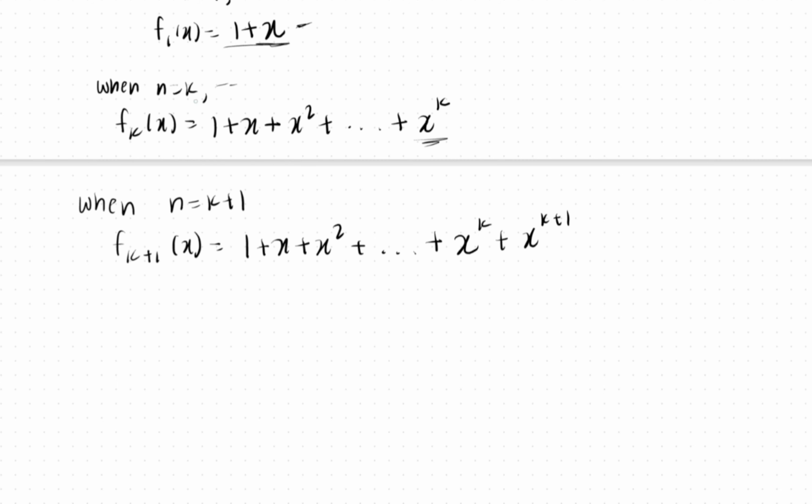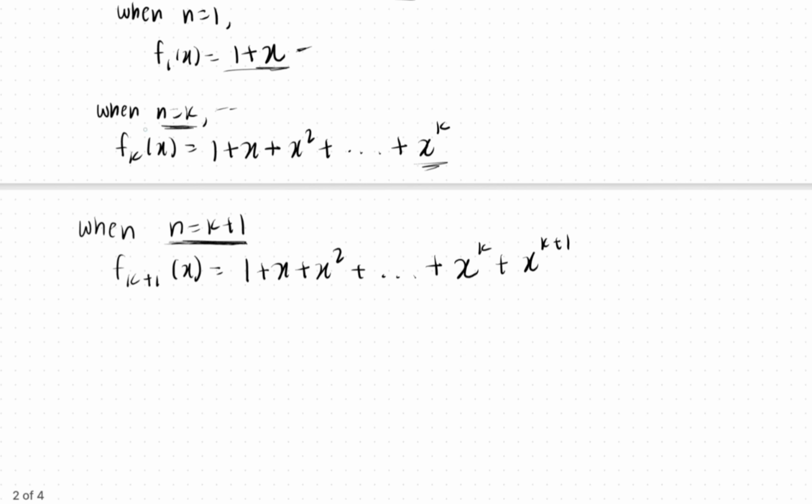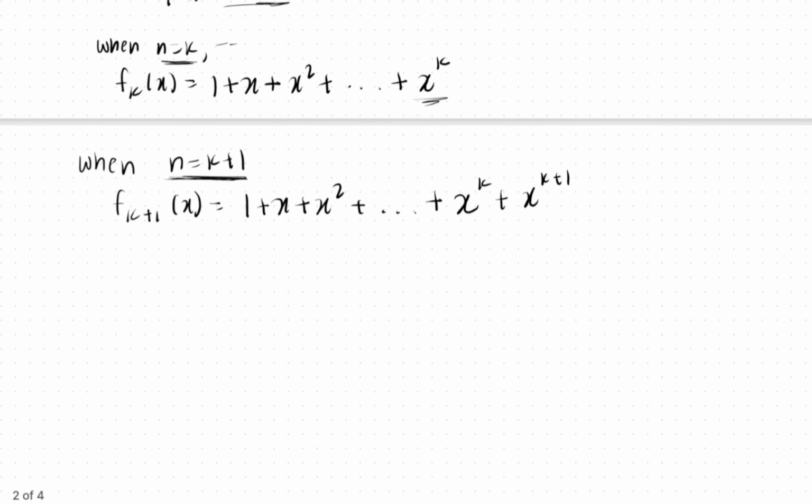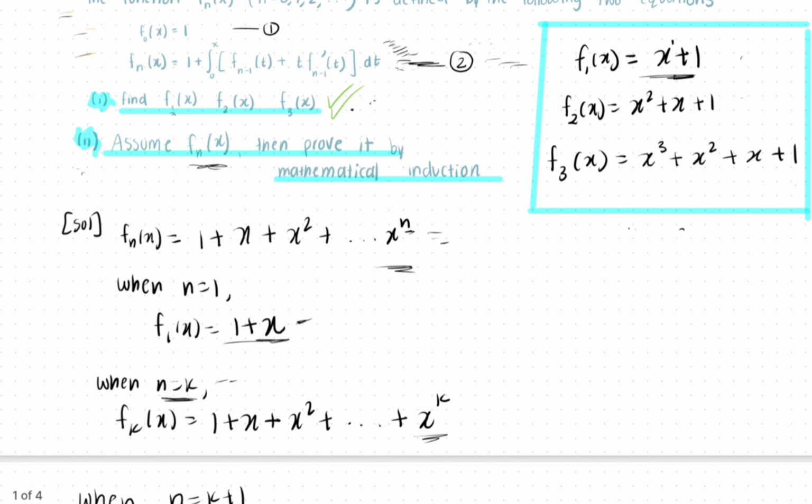Now, if this is true when n is equal to k, we have to prove that this is also true when n is equal to k plus 1. And if we do prove it when n is equal to k plus 1, then that automatically means that this whole equation is also true when n is equal to k. So let's try that. We know that f_{k+1}(x) is also equal to, if we use this, right?